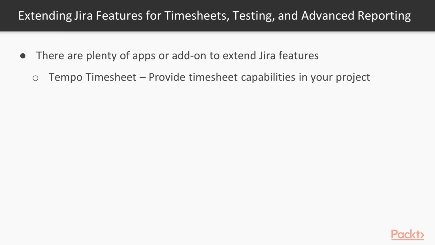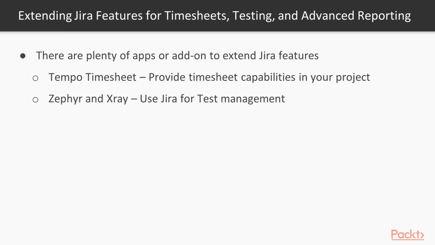In case you want an interface where people working on the project can add their daily log in a calendar view. For instance, if I'm a developer and on a specific day in a week I worked on 2 or 3 different activities, and I also want to mention what time I spent on those activities, I can specify this in a timesheet view, and that can be done with the help of Tempo Timesheet.